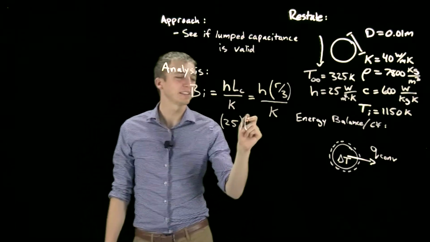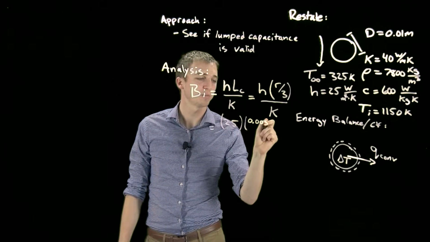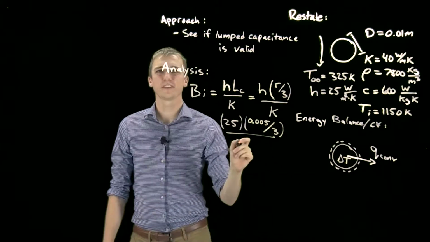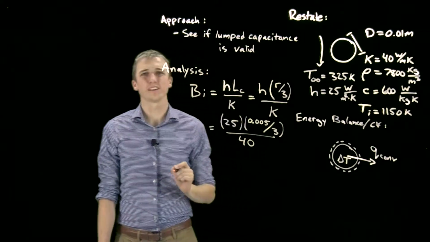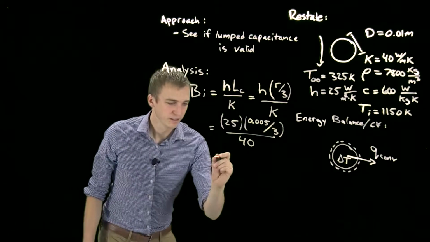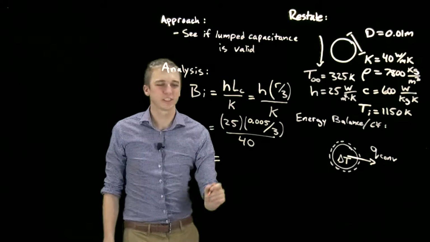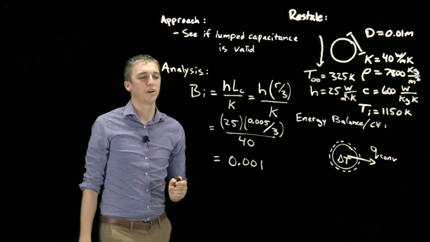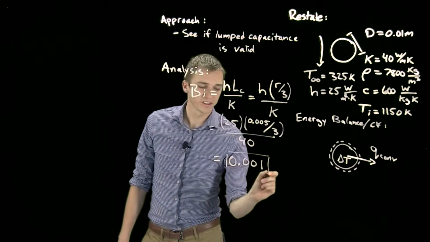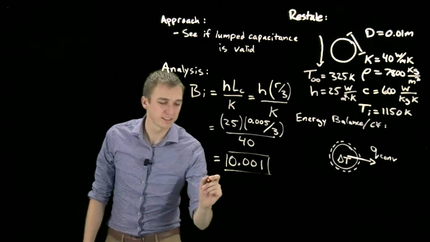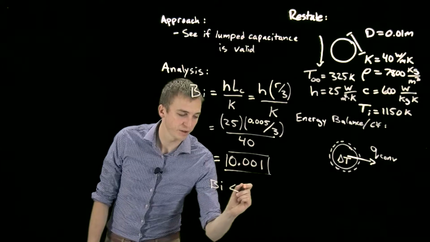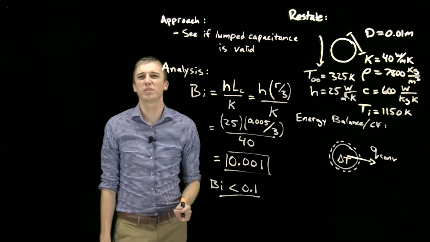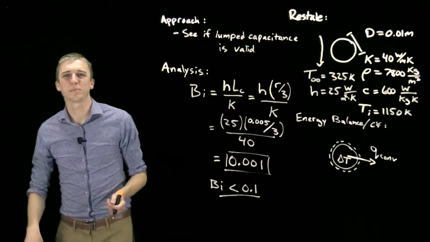For our radius, that would be half of our diameter, so 0.005 divided by 3. And we're going to divide that by the thermal conductivity, which is 40. When we do that calculation, we get a Biot number of 0.001, which is really, really small. That's great because to use lumped capacitance, our Biot number must be less than 0.1. So that means we can use lumped capacitance.